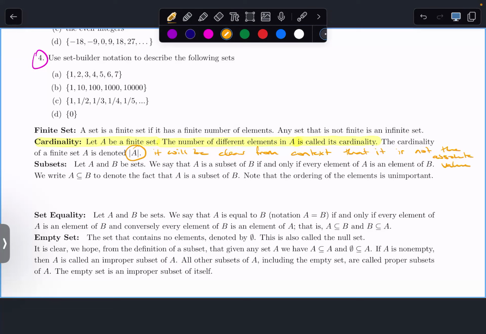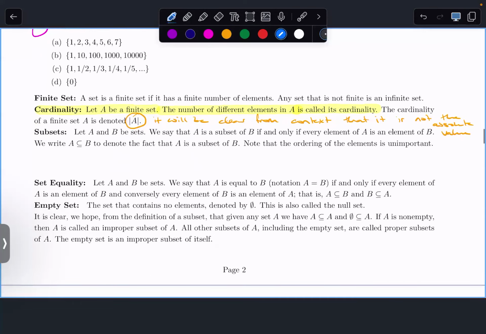If it's around a set name, then you're talking about the cardinality. I think on the assignment questions, it can also be denoted by a lowercase n of A, n meaning the sample size, or the size of A.